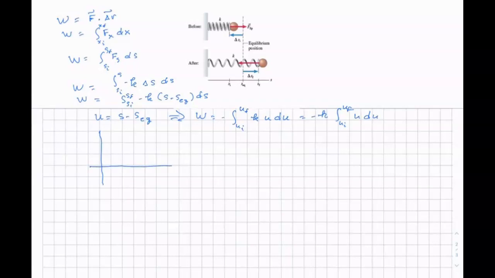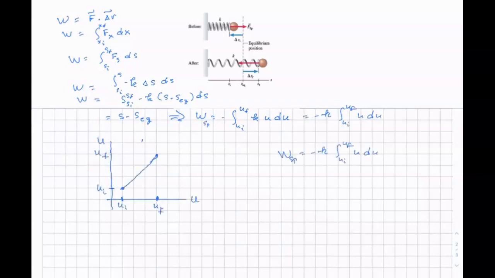Let's say that u initial is here, and three blocks later, u final is here. So I went ahead and completed my drawing of my u versus u graph.